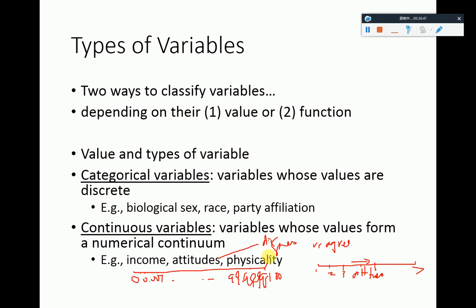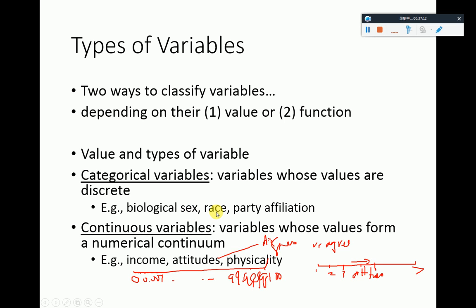But anyway, that suggests that whether a variable is continuous or categorical sometimes, not always, depends on how we see them. For example, you can never say that biological sex is a continuous variable. It has to be categorical.